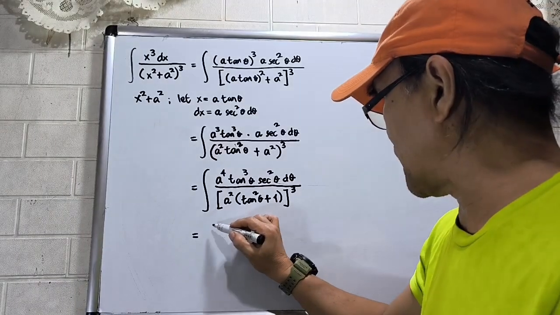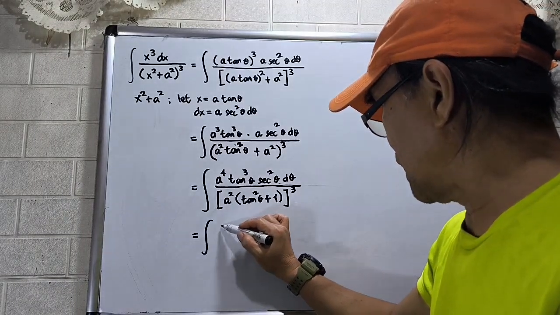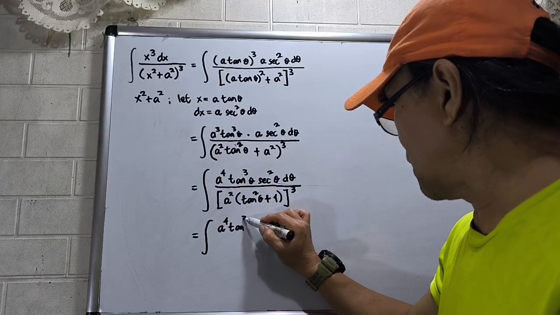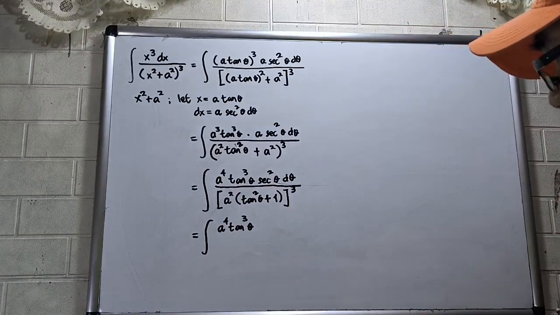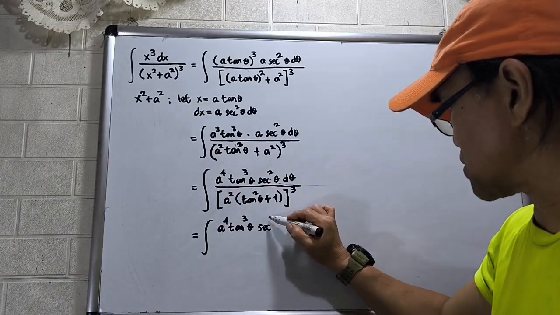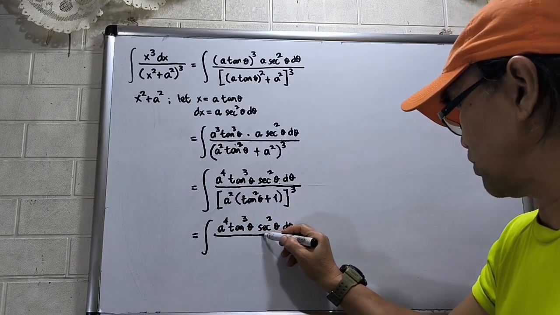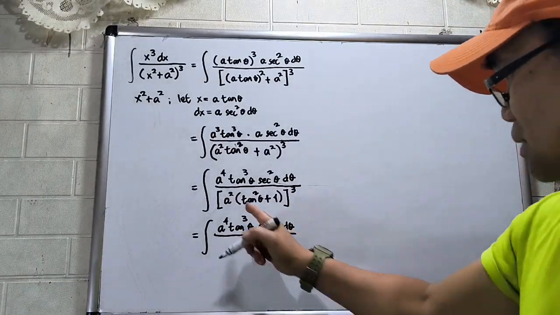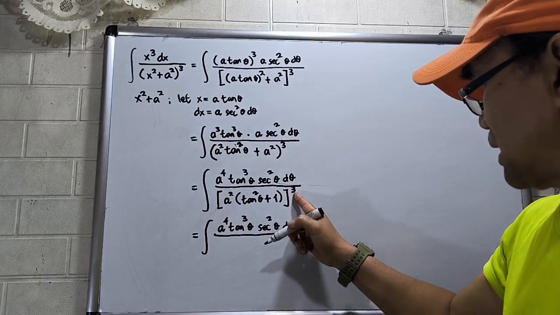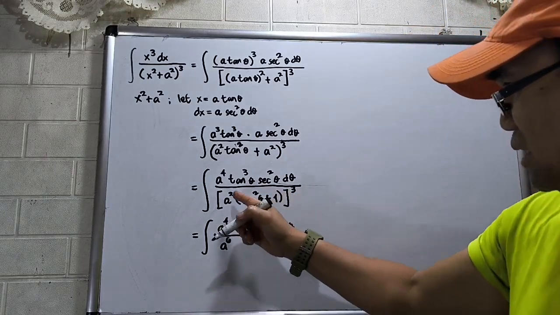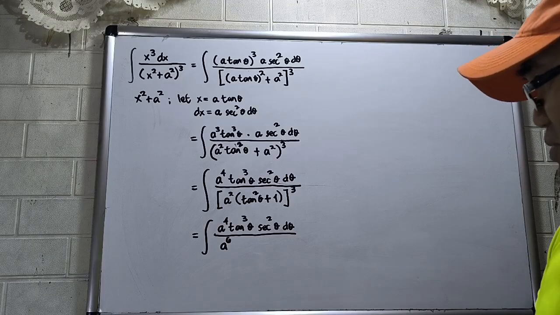So this will be the integral of a to the 4th times tangent cube theta times secant squared theta d theta over a squared times 3, that will be a to the 6. Just multiply the exponent: 2 times 3, that will be 6.